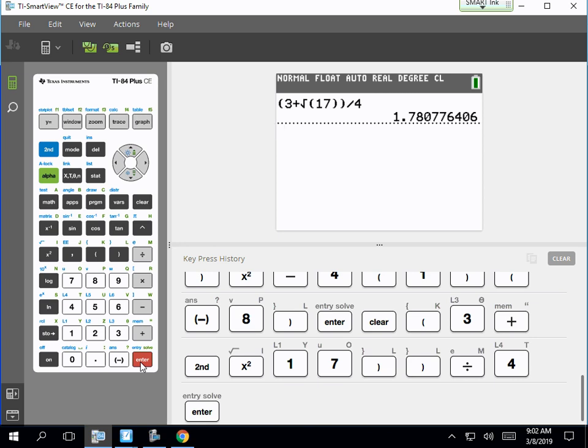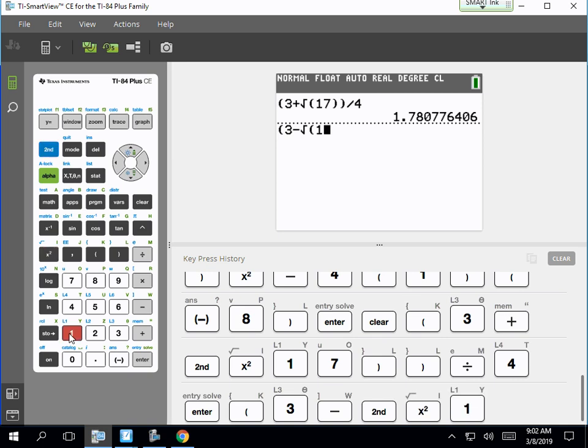So if you're asked to do a real life sort of problem, otherwise just leave it in radical form for now. And we haven't even talked about simplified radical form yet. That's coming next chapter. Okay. The other one, you just retype it, or you can hit second enter, and it will recall the previous line.